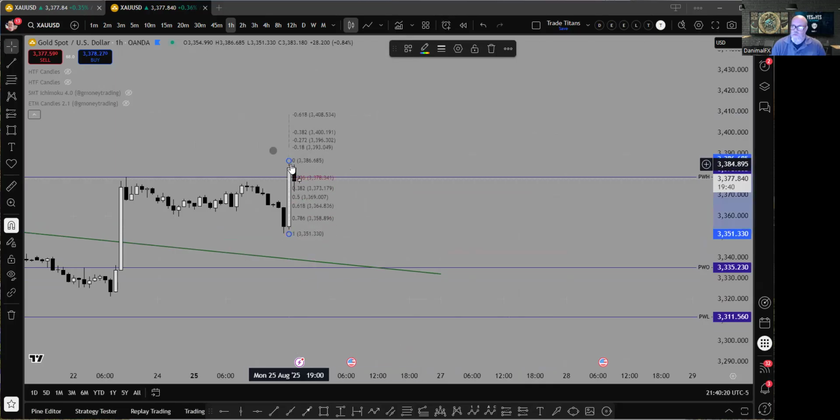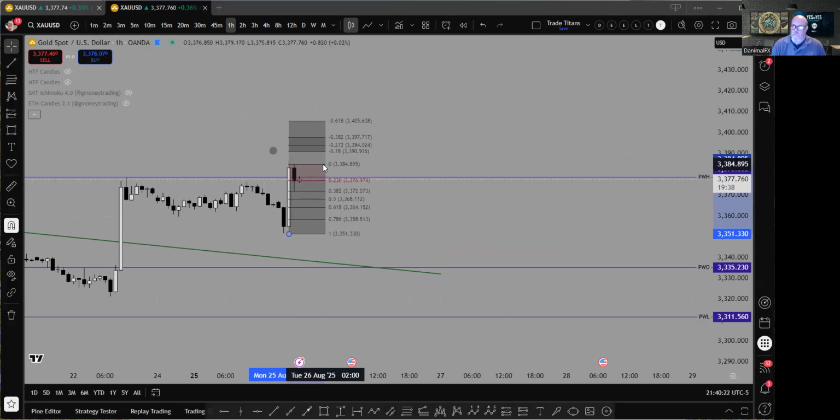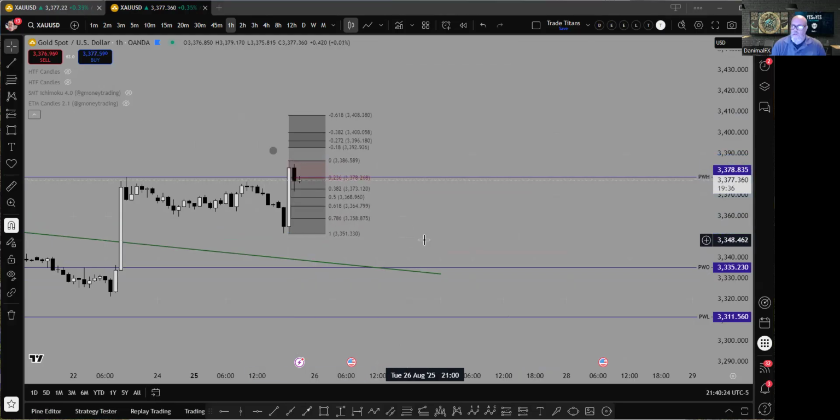In this case, bring it out a little bit and set your trades up at the 382, 50, or 618. These are our entry zones, anywhere between the 382 and the 50.